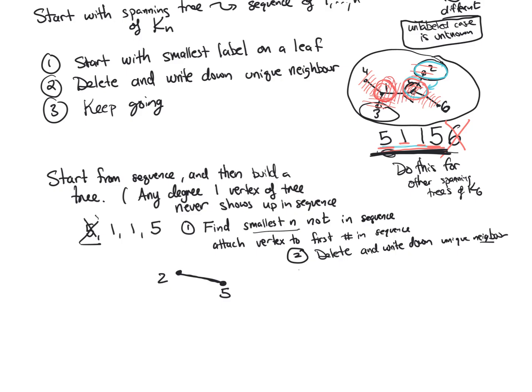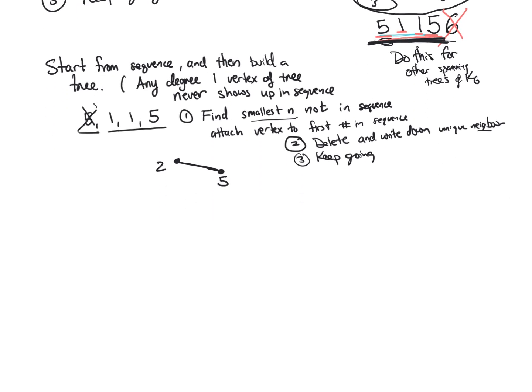Okay, and then you keep going. So let's just see what this does. Now you're here. The smallest one that you haven't added already is 3. Okay, so you put 3 somewhere. Since it's 1, you attach it to 1.